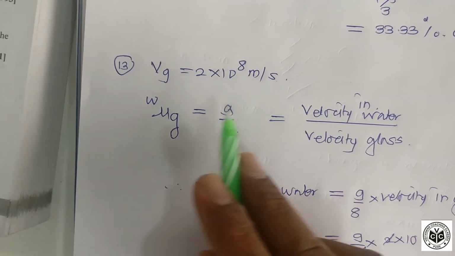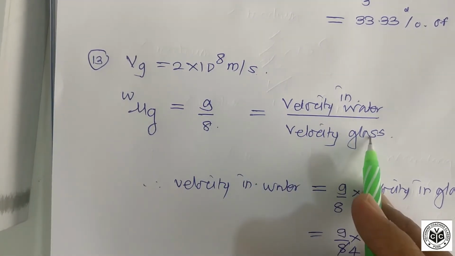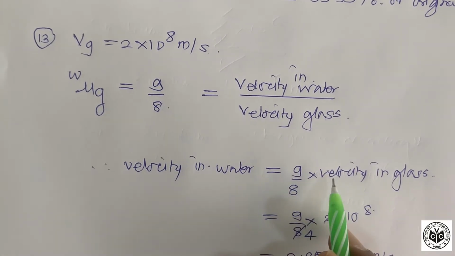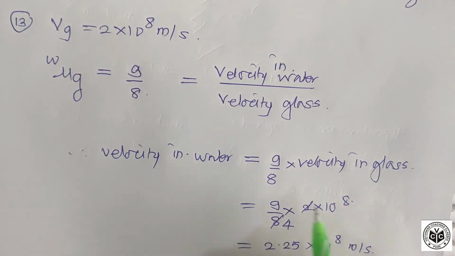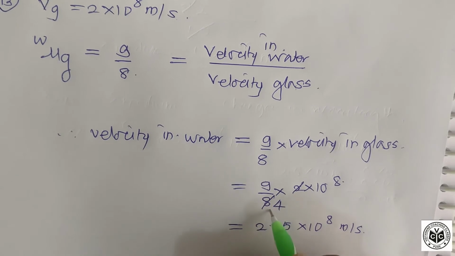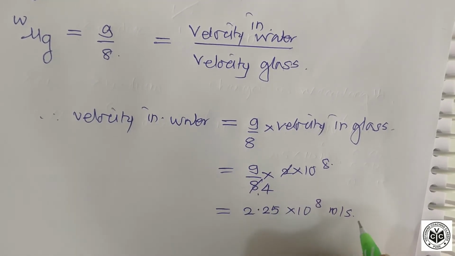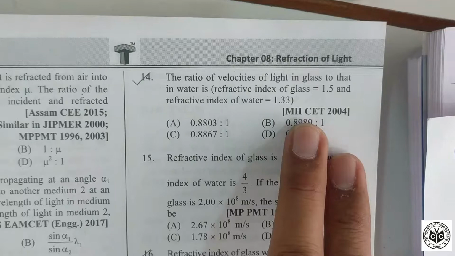That is nothing but velocity in water upon velocity in glass. So velocity in water is equal to 9 by 8 into velocity in glass, which is given 2 into 10 raised to 8. So 9 by 8 into 2 into 10 raised to 8 is nothing but 9 by 4, which is nothing but 2.25 into 10 raised to 8 meter per second. So the option is D.